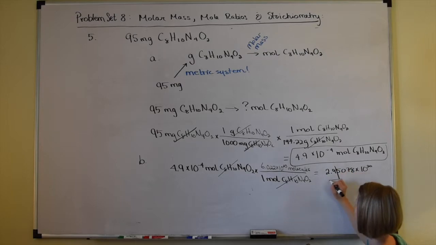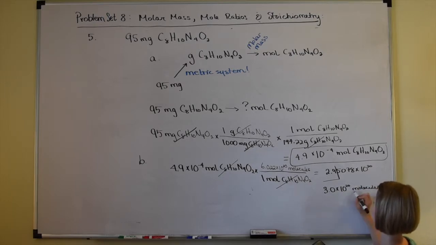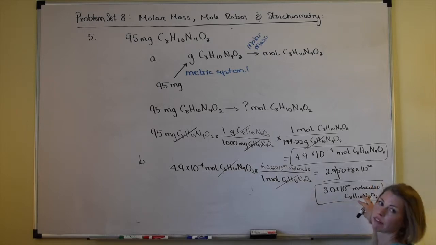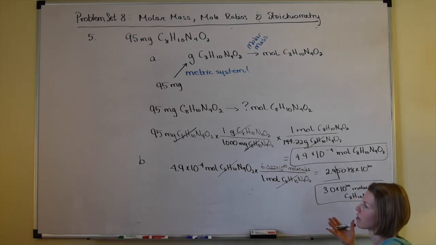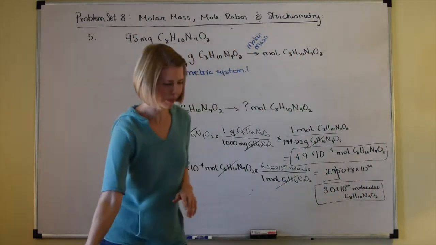I'm going to round that here, so it's going to be 3.0 times 10 to the 20th molecules. And I'll go ahead and write molecules of C8H10N4O2 so that we know that it's molecules of caffeine, not molecules of nitrogen dioxide or something different. It's always good to have good note keeping.